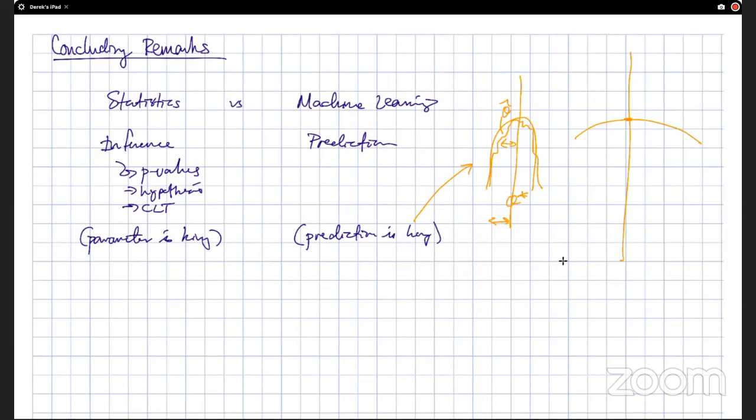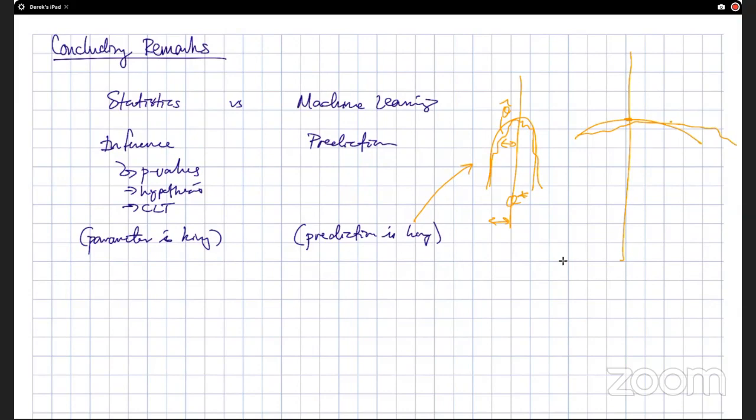Let's make this a bit more extreme. If it looks like this, my maximum is around here. This one is a little further away, but I don't care, because all I care about is prediction. I want the distance between these two things to be minimized.